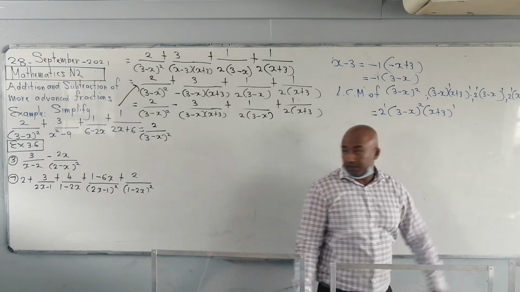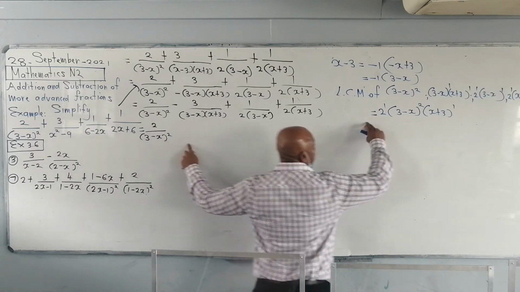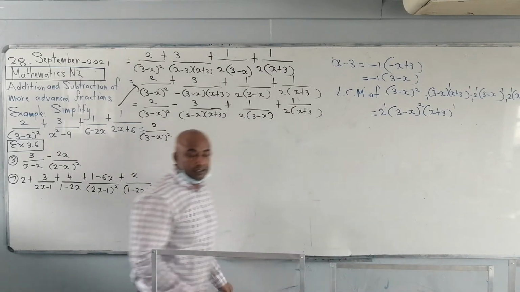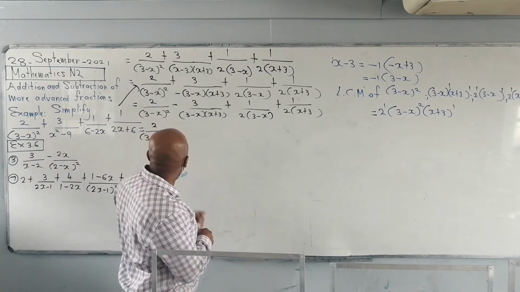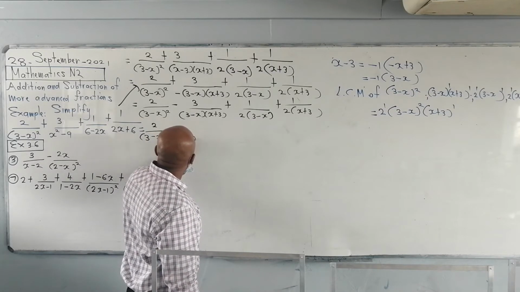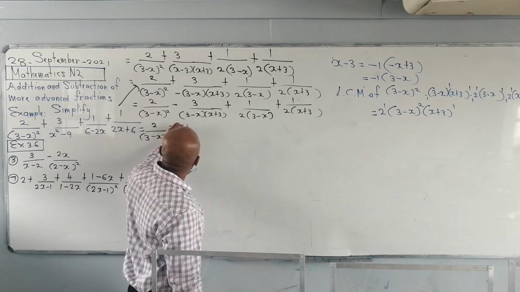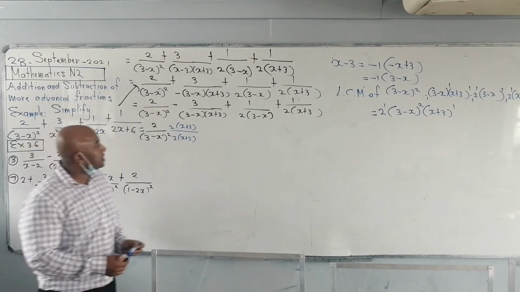Okay, so what's missing here that will make it equal to that? What's missing there? It's the 2 and the x plus 3. But it's a 2 and the x plus 3. You're clear with that?